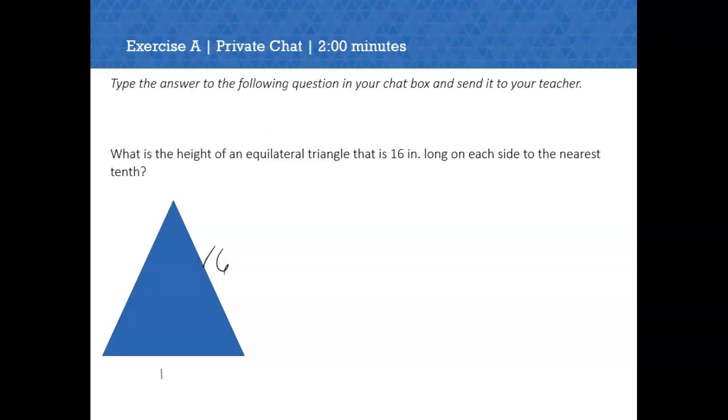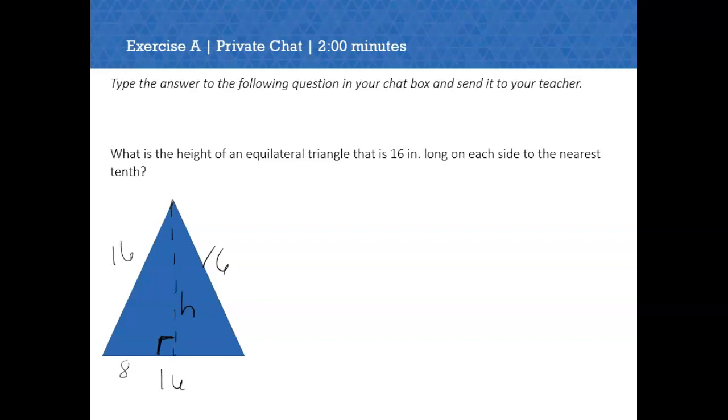So here's 16, here's 16, here's 16. It wants to know the height. So the height is straight down the middle here. This is the height of the triangle, which makes a right triangle. So we're trying to find this height. When we draw this down, this is actually called an altitude. When we draw this altitude down, that cuts this right in half. So this is 8.